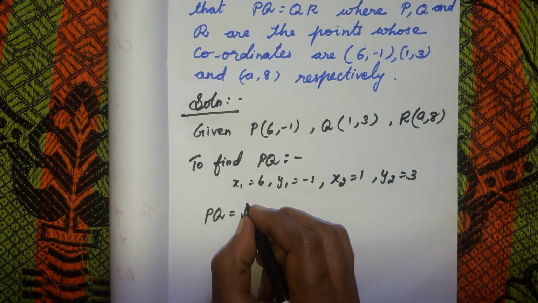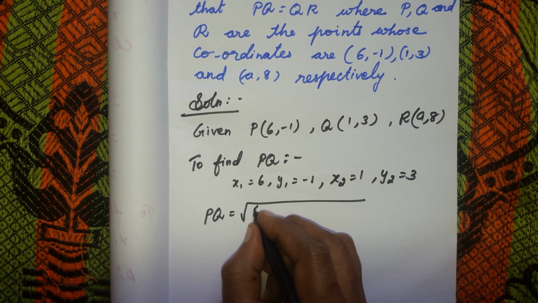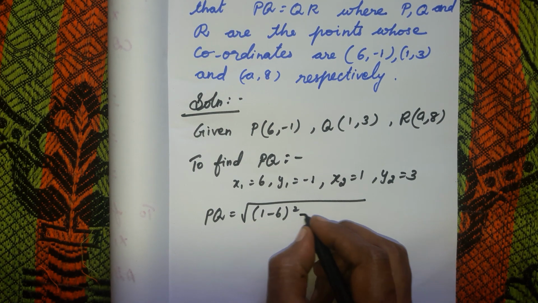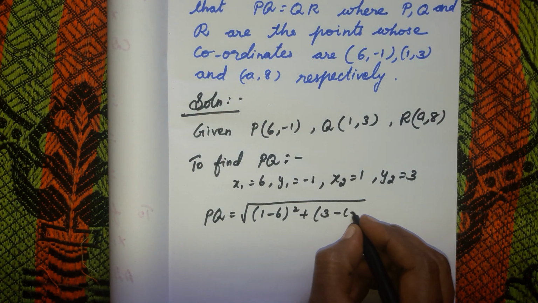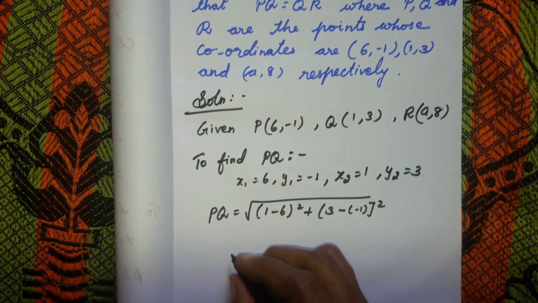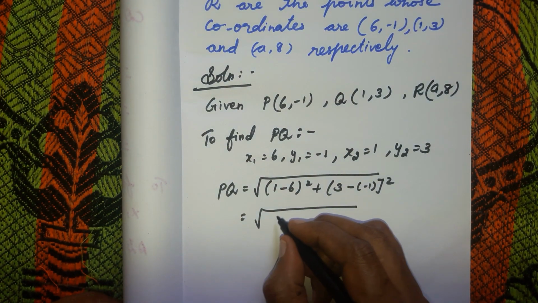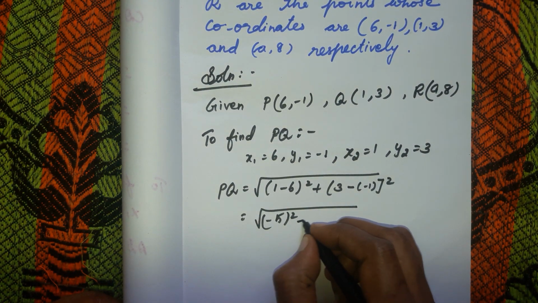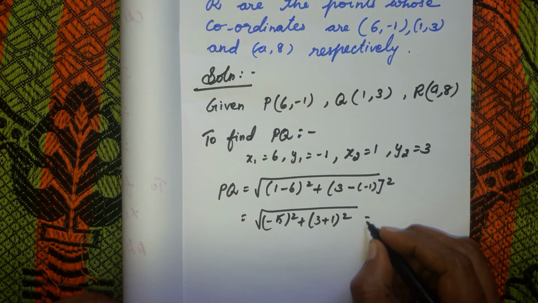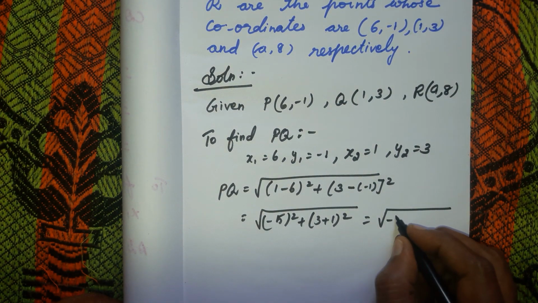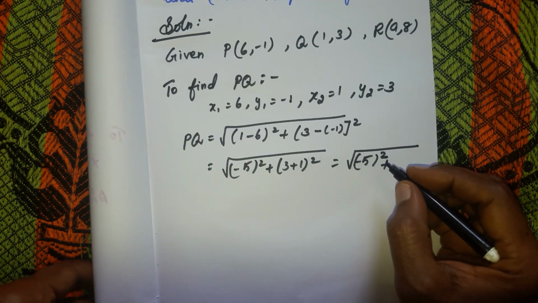Then PQ is equal to root of (x2 minus x1) the whole square, that means (1 minus 6) the whole square, plus (y2 minus y1) the whole square, that means (3 minus of -1) the whole square. It's equal to (-5) the whole square plus (3 plus 1), 4 square.